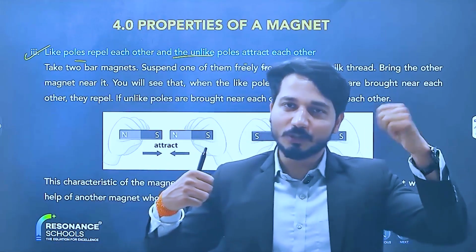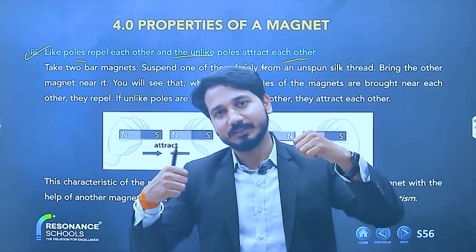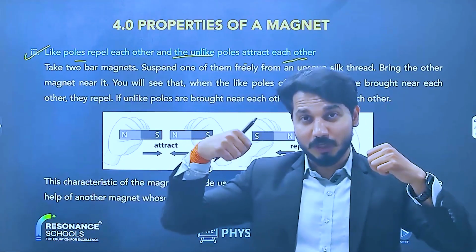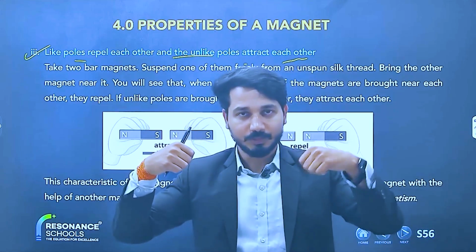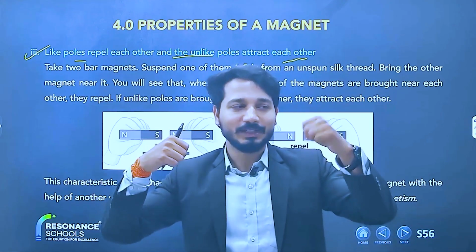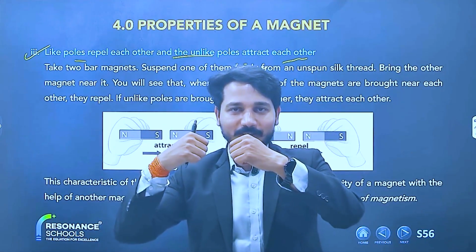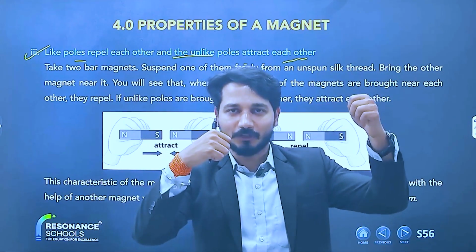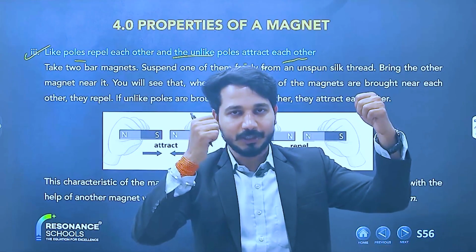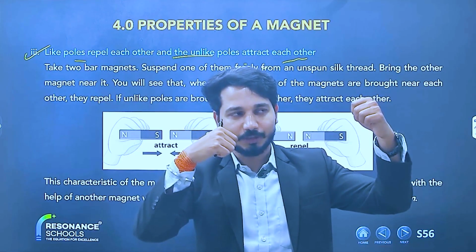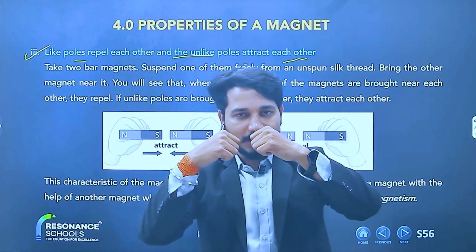But if you bring the north pole of magnet 1 near to the north pole of magnet 2, what happens?